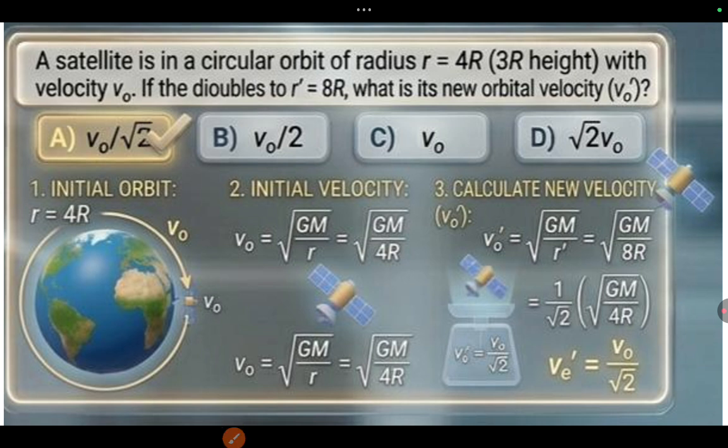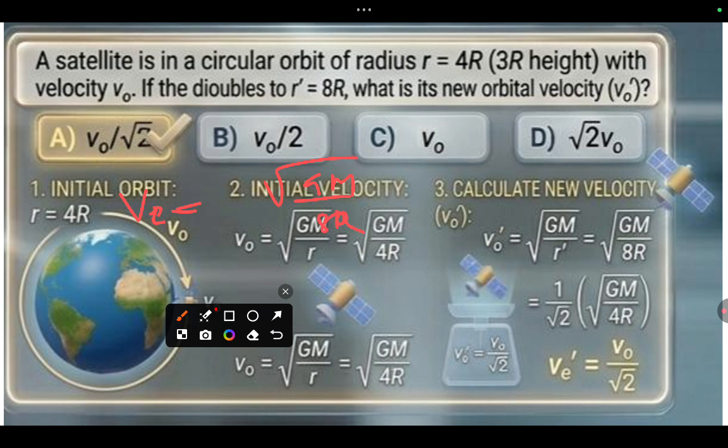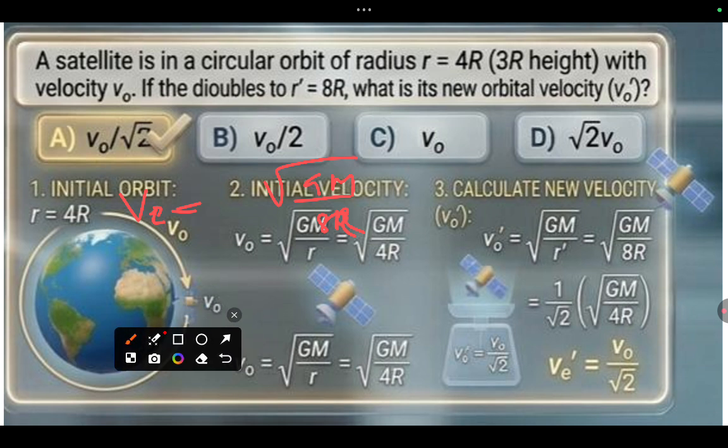So here you can take GM by R. Thus we can go with 1 by root 2 into root of GM by 4R. Okay, clear.